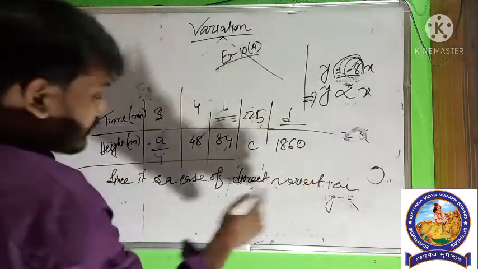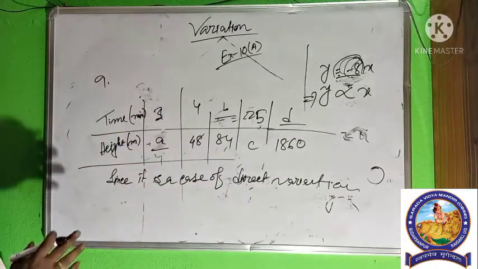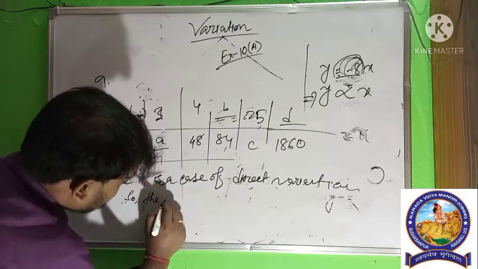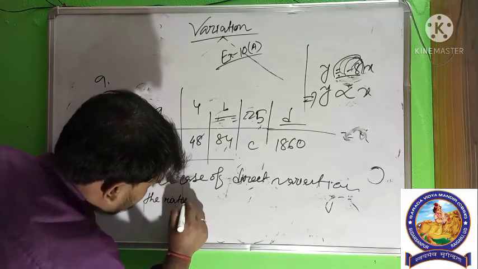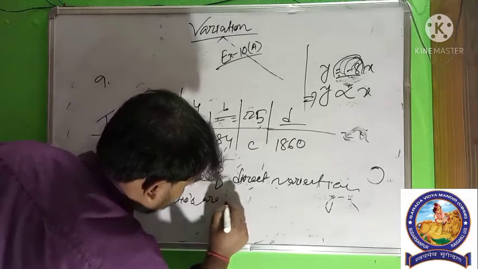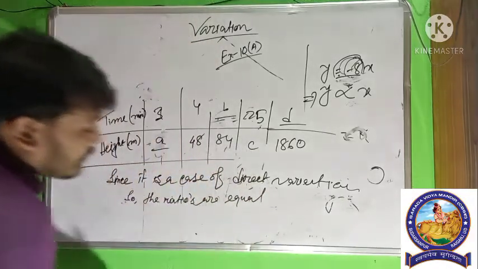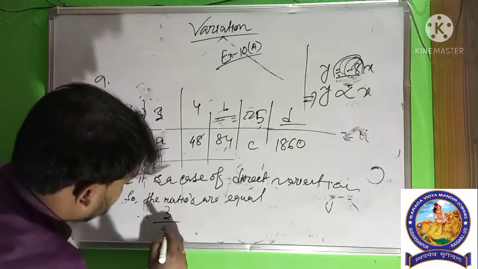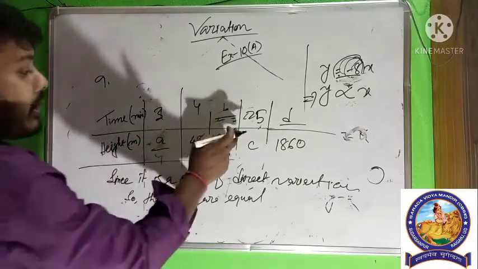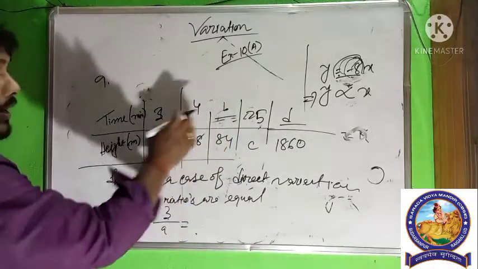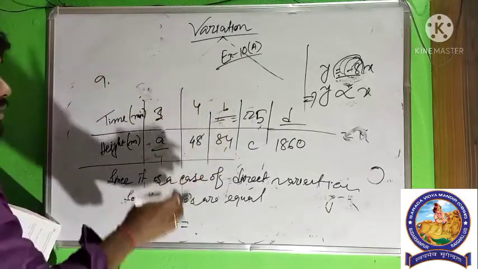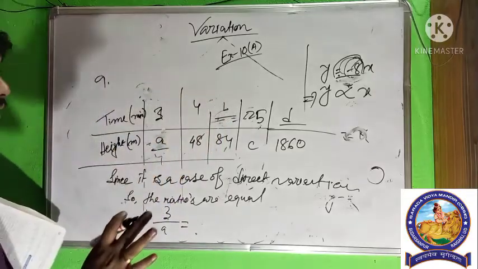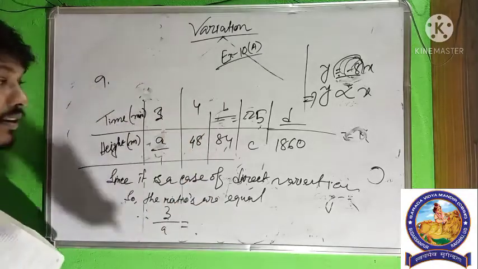Since it is a case of direct variation, the ratios are equal. Therefore, from the first ratio and third ratio we could take, but then there are two variables, so we cannot find two variables together.